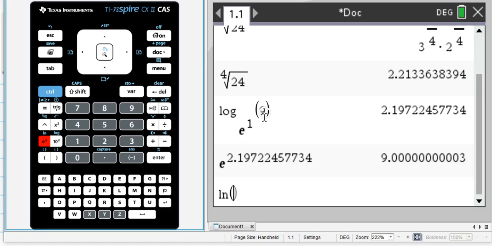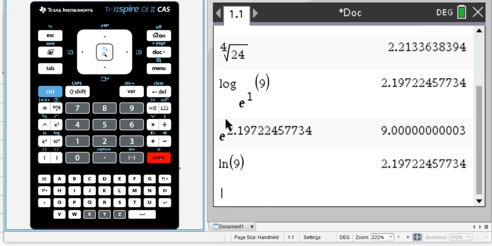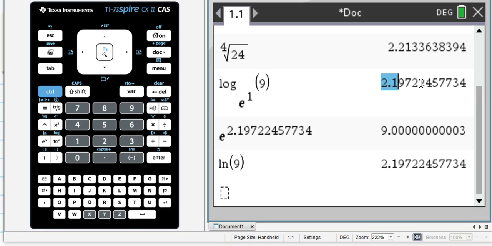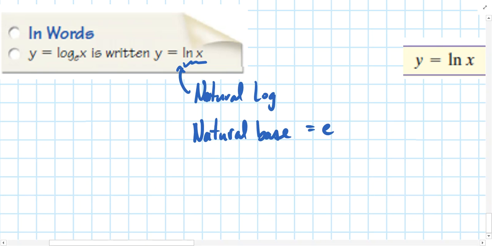If log base e of 9 equaled 2.19, then the natural log of 9 will also equal 2.197. So this result and this result are the same because this phrase, log base e of 9, is the same as the natural log of 9. And that's what our notes over here are saying.